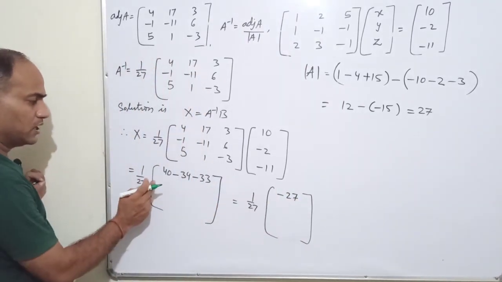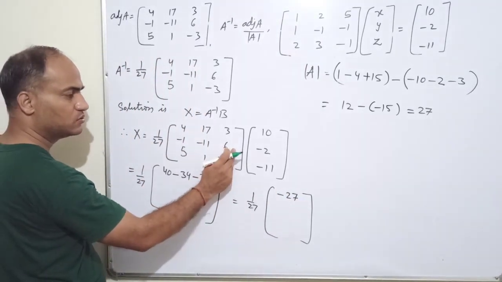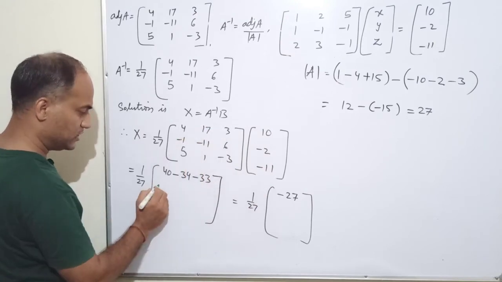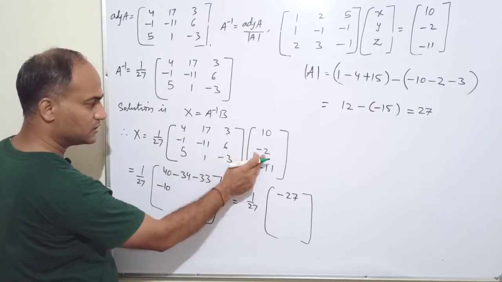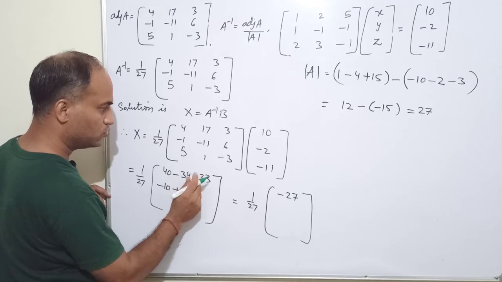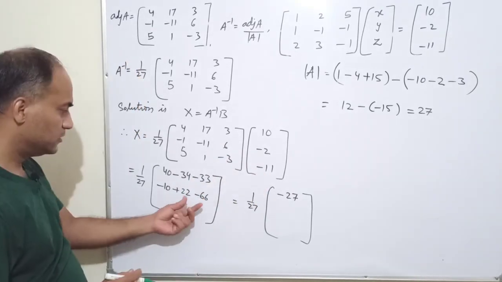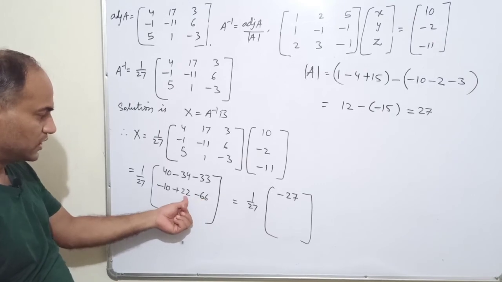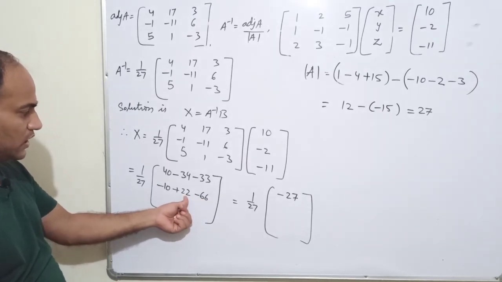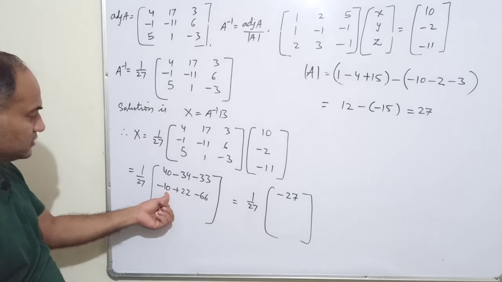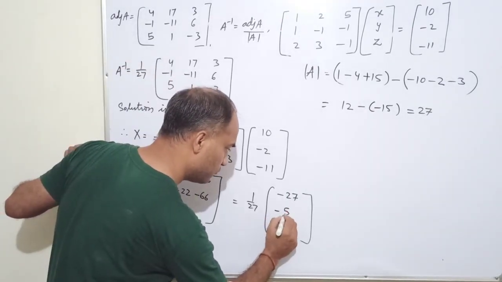Okay, next row into this is minus 10, and plus 22, and 6 into this, minus 66. This becomes negative 44, negative 44 and 10, this is minus 54.